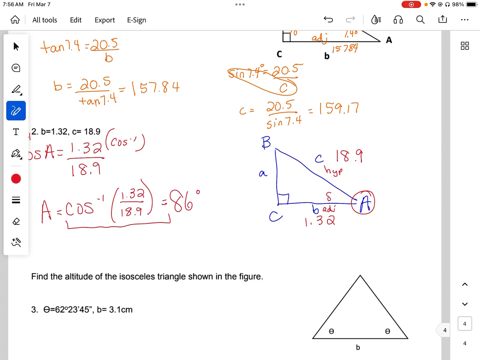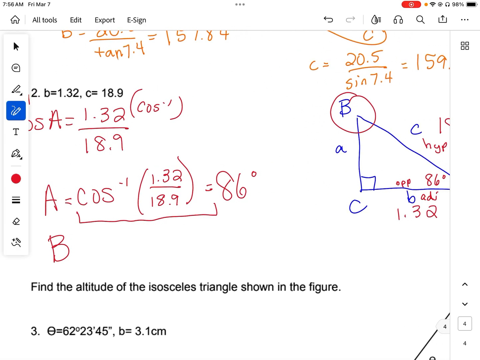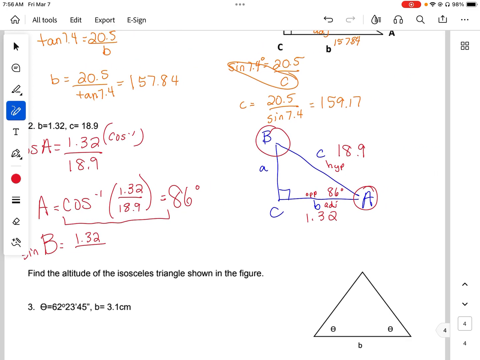Okay, so then let's go ahead and put this in there. We want to do B now, so that would be opposite now over hypotenuse. So I could say B, I would do opposite over hypotenuse. So sine B equals 132 over 18.9.